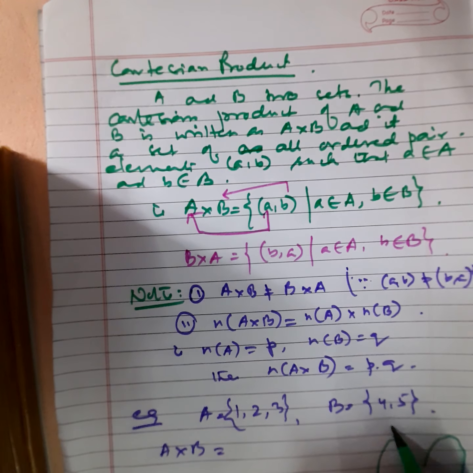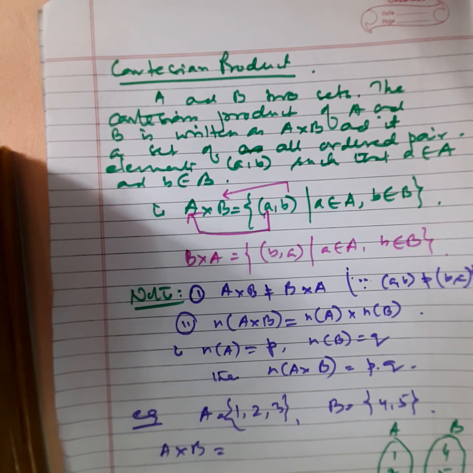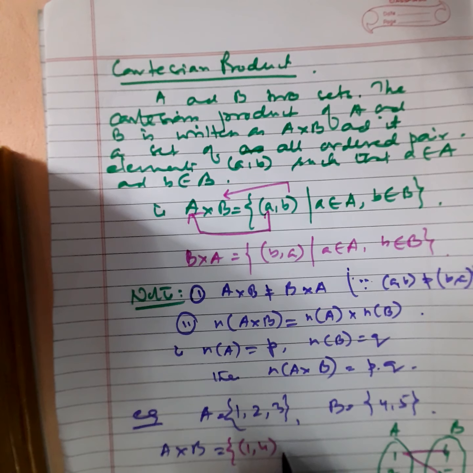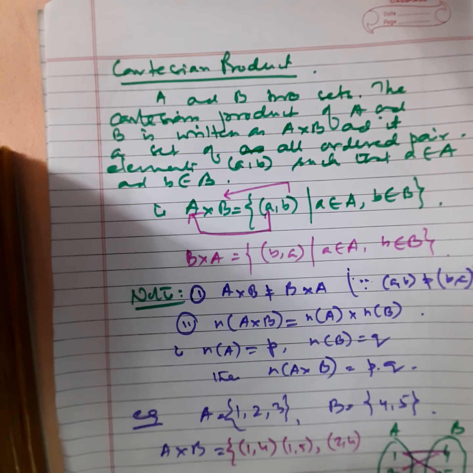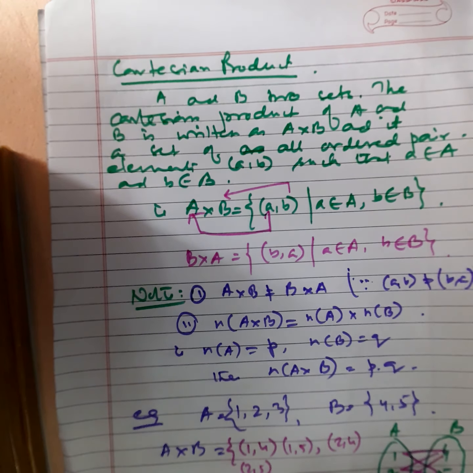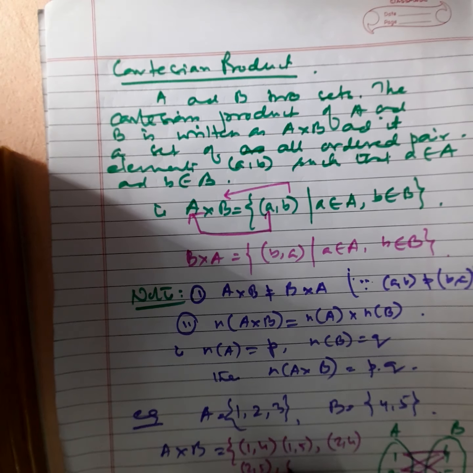A, B, this is 1, 2, 3, this is 4, 5. The first element should come from the first set. So (1, 4), (1, 5), then (2, 4), then (2, 5), then (3, 4), (3, 5).